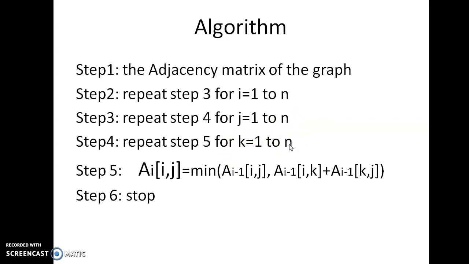Because it is a square matrix, the n value will be the same as row length and column length. And the formula that we are having is Ai[i][j] is equivalent to minimum of Ai-1[i][j] and Ai-1[i][k] plus Ai-1[k][j]. This formula is similar to the matrix multiplication formula.